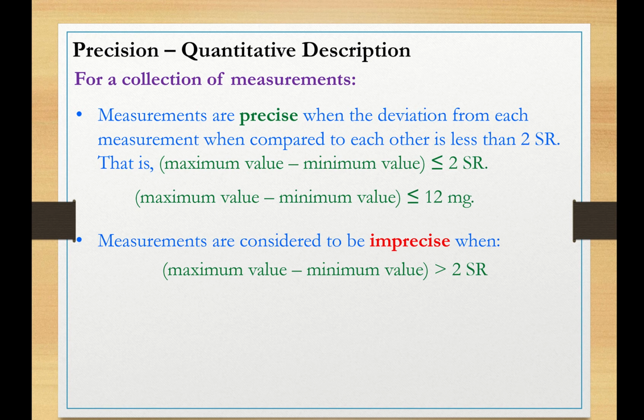The quantitative description of precision now for a collection of measurements. We know that precision refers to how close the measurements are to each other, right? So if the difference between the maximum value and the minimum value is less than 2 SRs, then the collection of measurements is considered to be precise collectively.